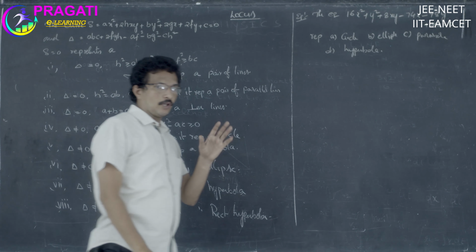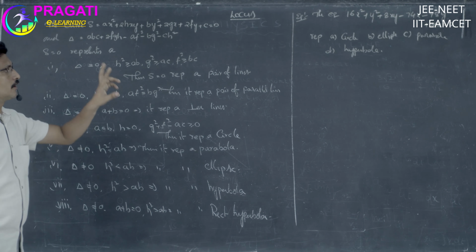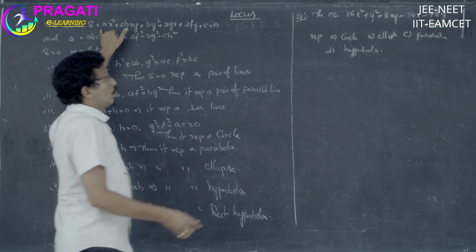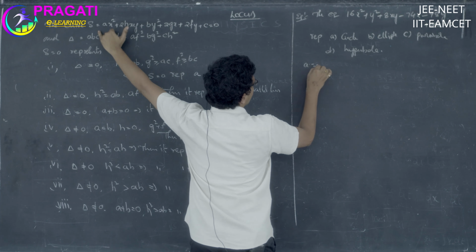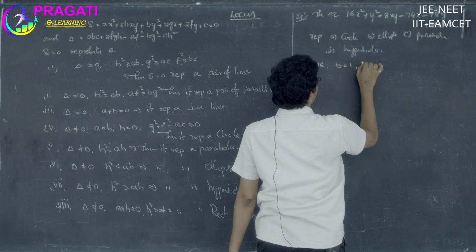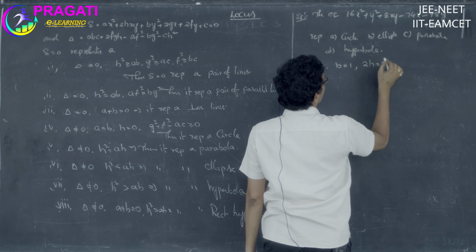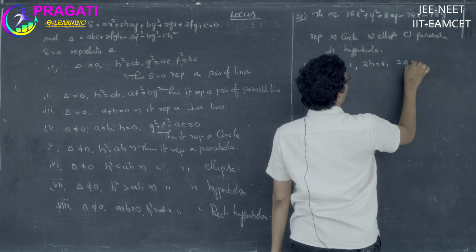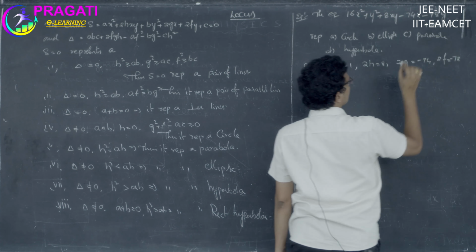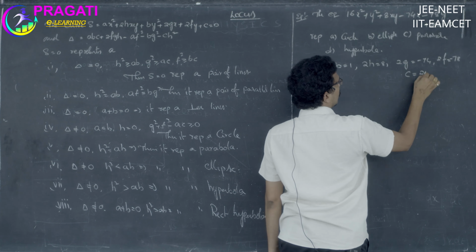Okay, first of all, listen. The equation compared to S, then we get A is equal to 16, B is equal to 1, 2H equal to 8, 2G equal to minus 74, 2F is equal to minus 78 and C equal to 212.